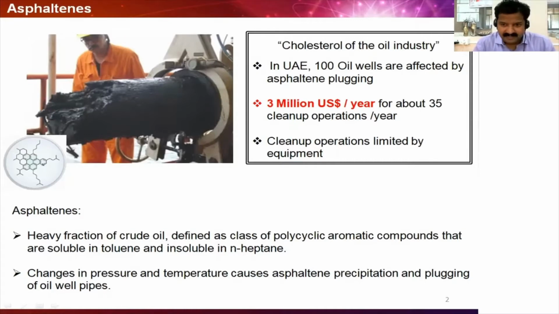Chemically, asphaltenes are defined as heavy fractions appearing in crude oil. These are a class of polycyclic aromatic compounds that are defined by solubility: they are soluble in toluene and non-soluble in n-heptane or linear alkanes. Oil is formed over millions of years under equilibrium conditions, deep under the earth, under these oil-forming rocks.